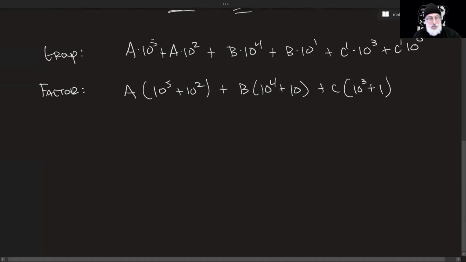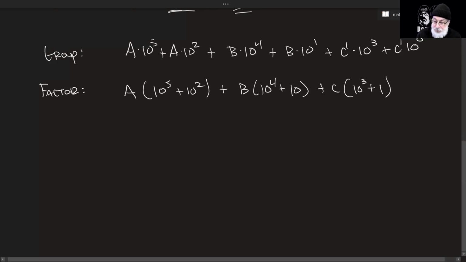All right, so now we are here. If we think of A, B, and C as variables, so to speak, we can see they'll each have at least 1,000 in common, right? Each has 10 to the 3rd in common, or 1,000.